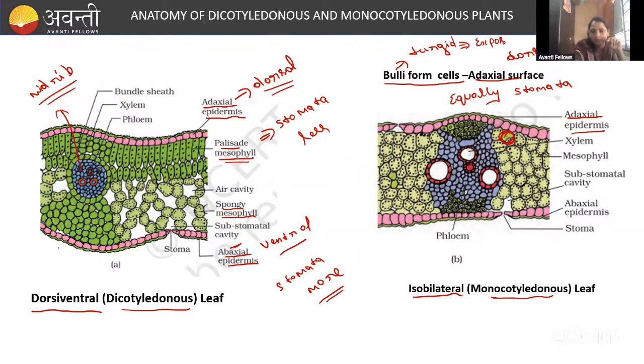Okay. When they are flaccid, have you seen the leaves will curl, right? When they are flaccid, they will curl the leaf. Okay. That we can see mainly in the bulliform. Bulliforms are colorless, they form only in the dorsal surface. This is important, guys. That's it.